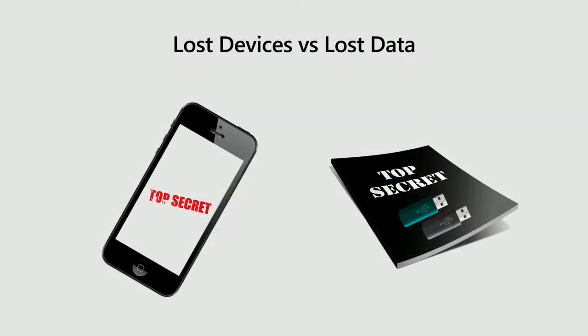So what's the difference with lost devices and lost data? Well, if you lose a device, even though it has encrypted PIN settings and stuff like that, you are not totally sure that the information hasn't been lost as well, right? You need to trust the device to make sure that you can remote wipe it, and you need to get feedback that it has actually been remote wiped. Or else you need to have something so encrypted that you know they cannot get it out.